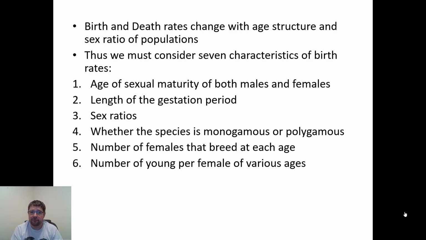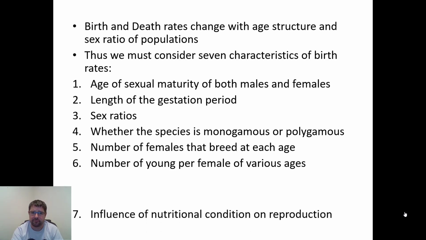The number of young per female at the various ages plays right into the hand of how many females are breeding at each age. Again, you can get these tapering on, tapering off events depending on the species of organism we're talking about.